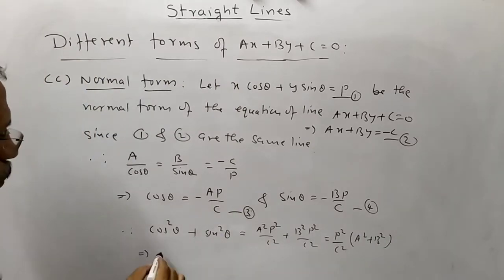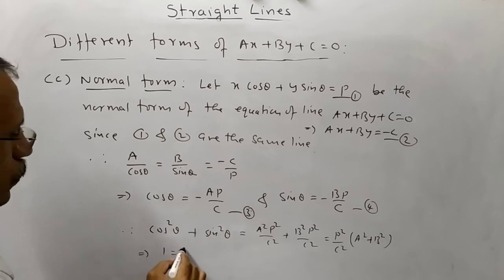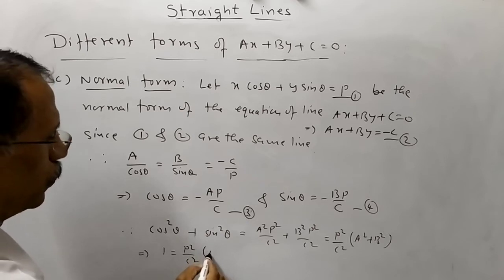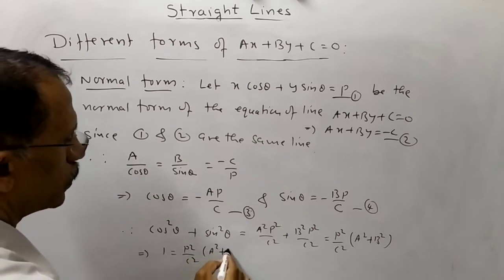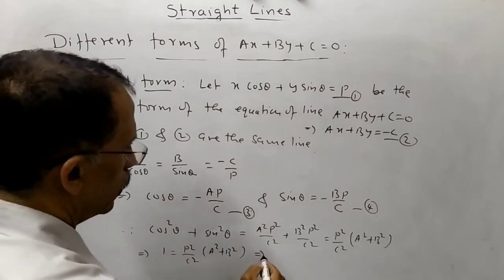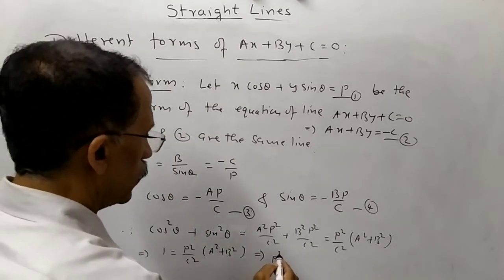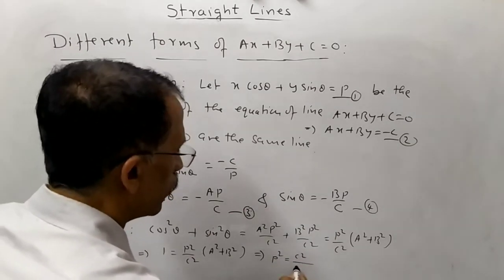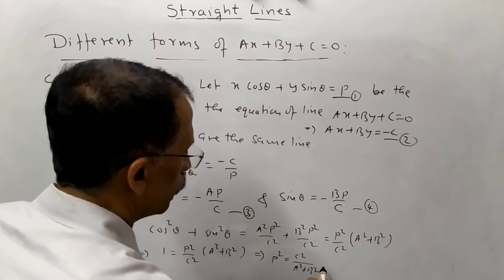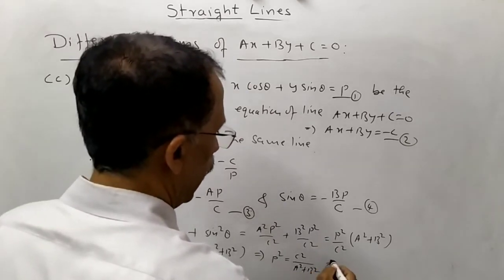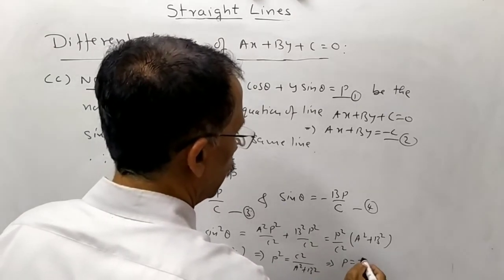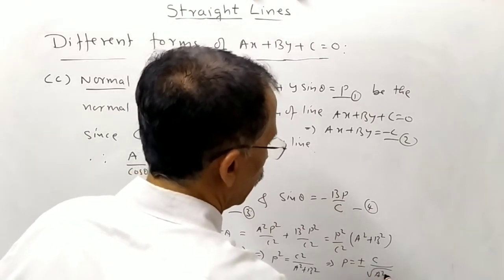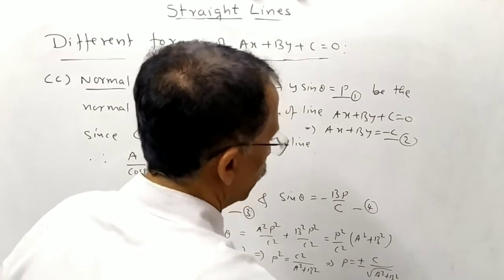This implies 1 is equal to p square by c square into a square plus b square. This implies p square is equal to c square divided by a square plus b square, implies p is equal to plus or minus c divided by square root of a square plus b square.